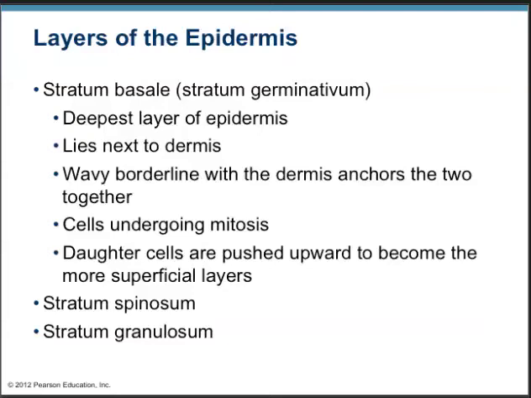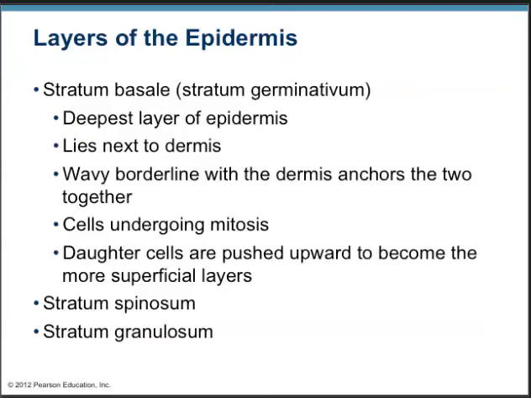Hence, the cells look like they have little spikes on them, and that's why we get the name spiny layer. The granulosum is above that, and in the granulosum, the cells are continuing to die. Their organelles are disappearing. Visible inclusions are starting to show up, and as a result, you get little dark spots in the cytoplasm.